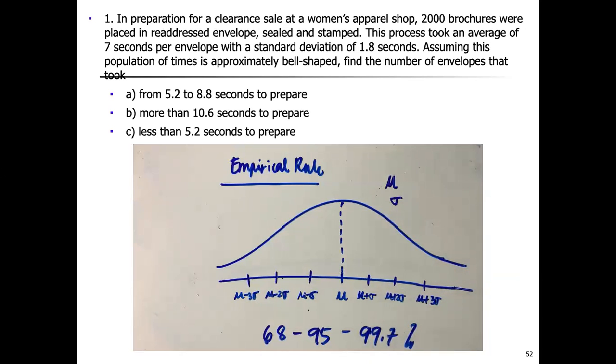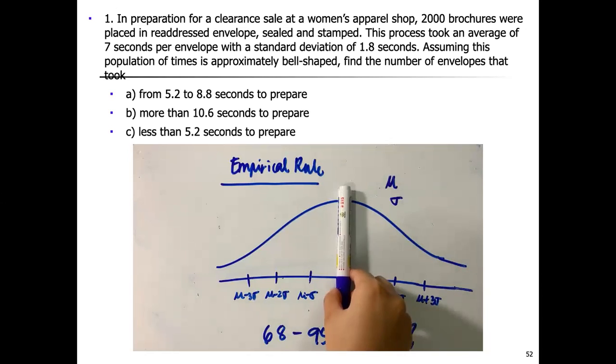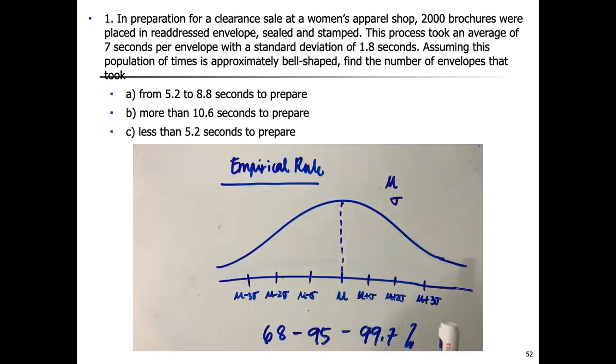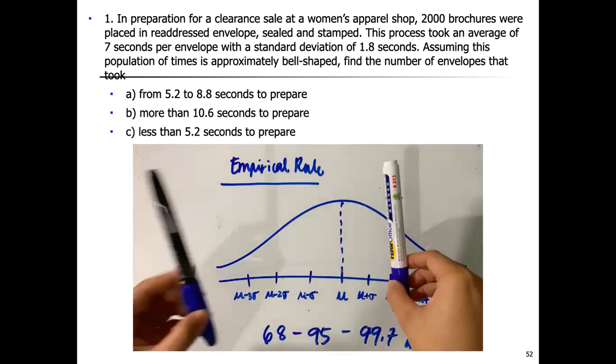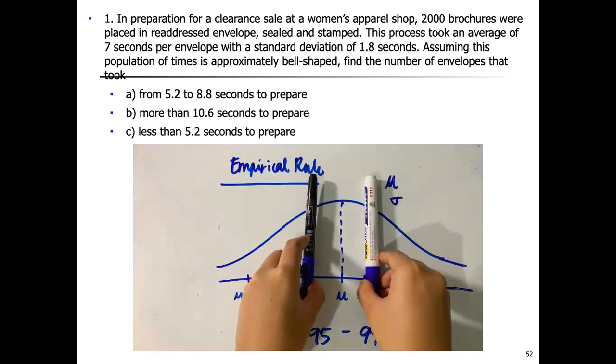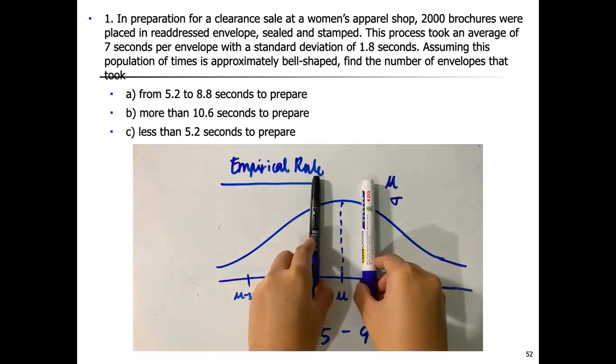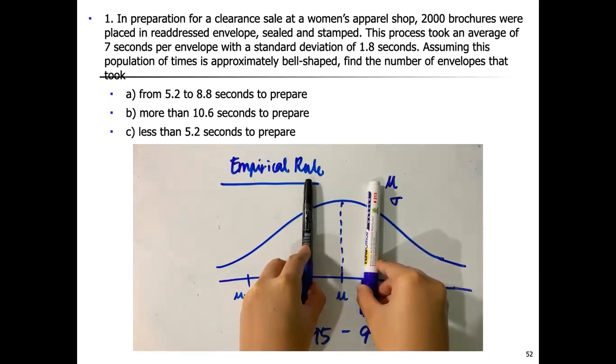So what is the purpose of the empirical rule? How do we make use of it to make conclusions or interpretations of the given distribution? In the normal curve, the mean is found at the center of the distribution. We say that 68% of the entire distribution is found within one standard deviation. When you say within one standard deviation, meaning one standard deviation above the mean and one standard deviation below the mean.